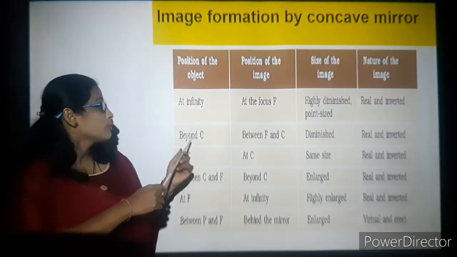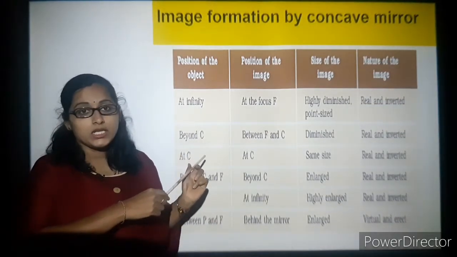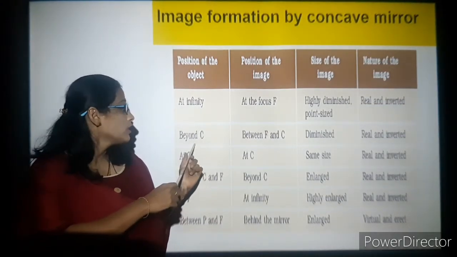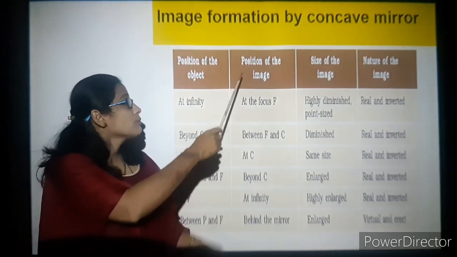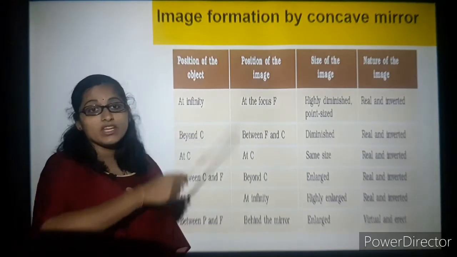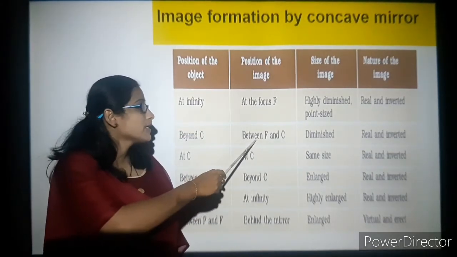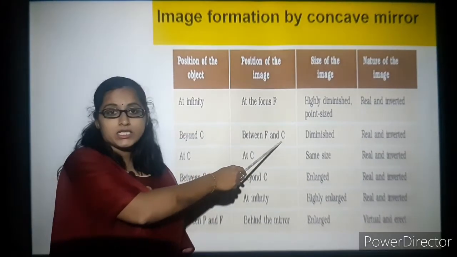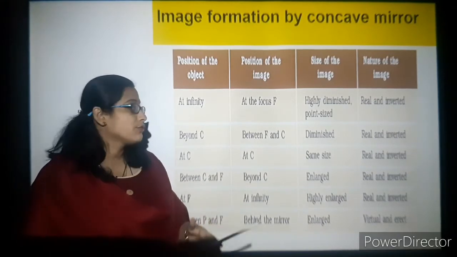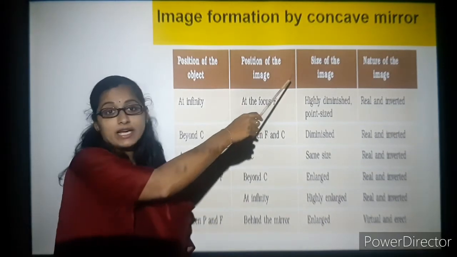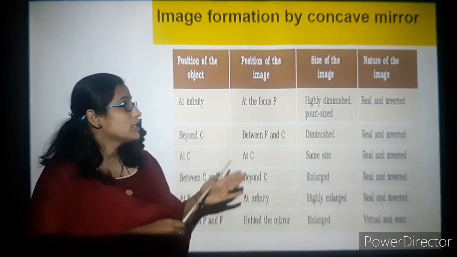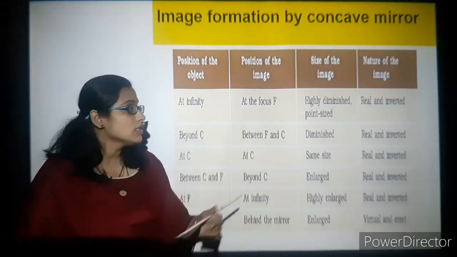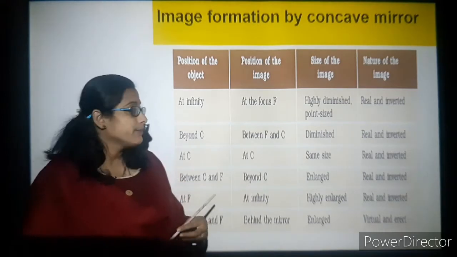If the object is placed beyond C, that is the center of curvature, then the position of the image will be in between F and C, that is focus and center of curvature, and the size of the image will be diminished, that is very small, and here also the nature is real and inverted.